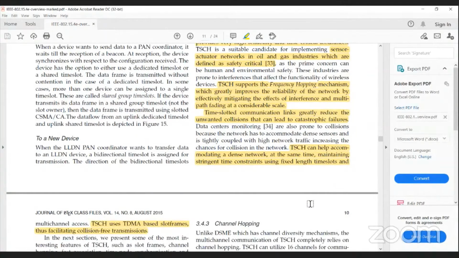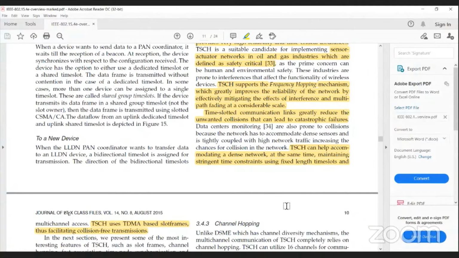And TSCH allows you not the kind of paltry 7 or 8 nodes which the 15.4 GTS-based mechanism actually supported. You can go to a very dense network, and you can build a large network. The number of nodes can be large, and it really scales very well.